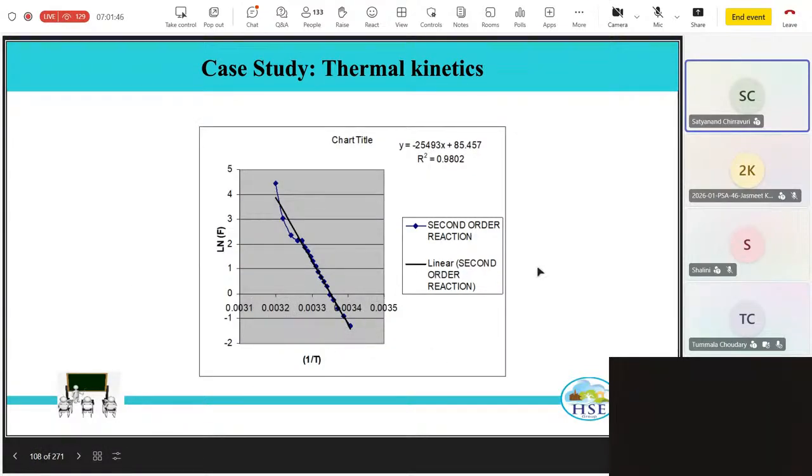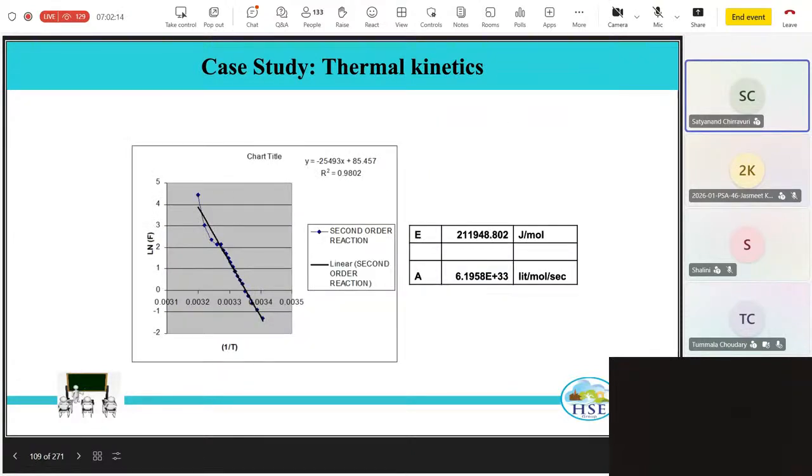You can get the K value, the Arrhenius factor, the activation energy, and the order of the reaction, and then use it for your reactor design calculations. So not only for safety but also for other purposes. That is one of the advantages of reaction calorimeters: you can use them for generating kinetic data also.